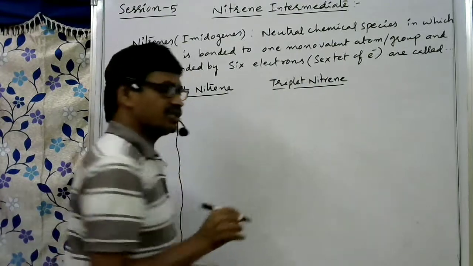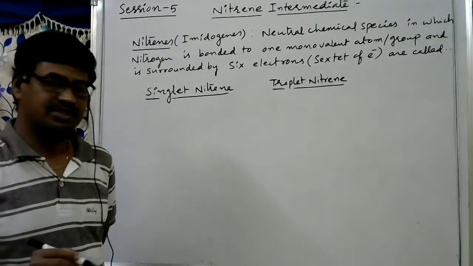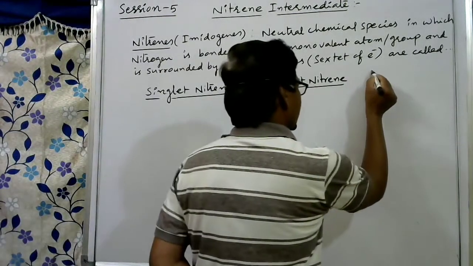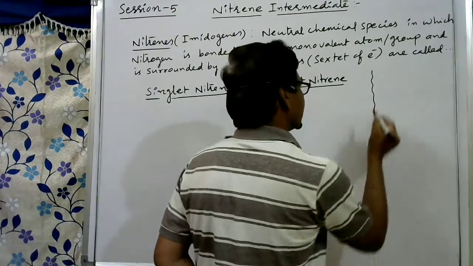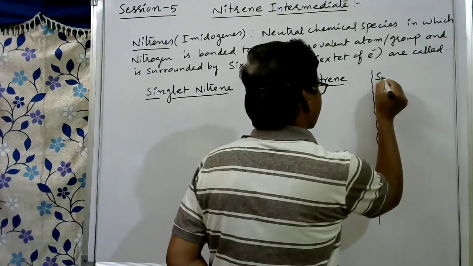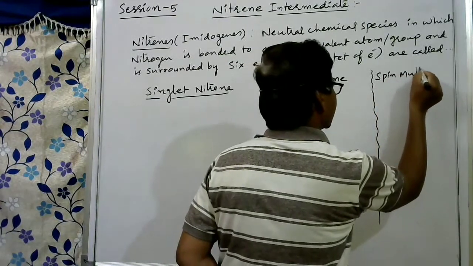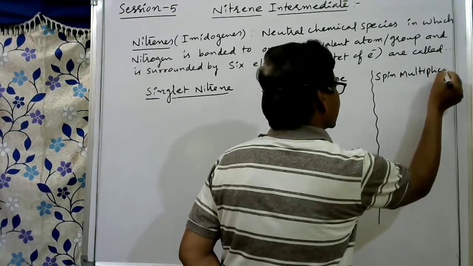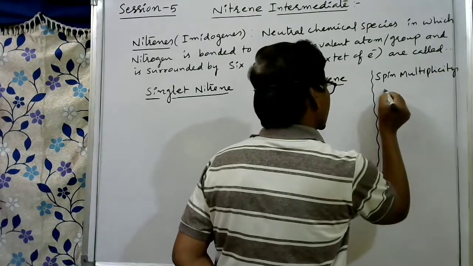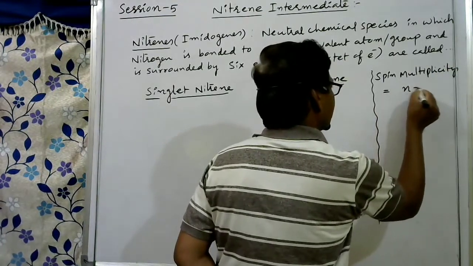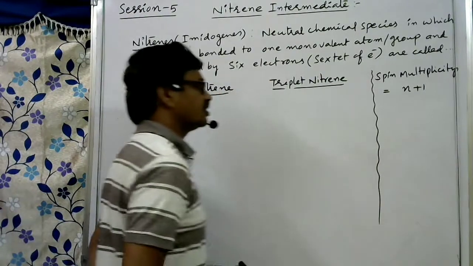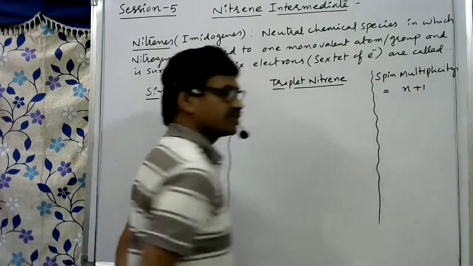I already gave the spin multiplicity rule in the previous class. Spin multiplicity equals n plus 1.